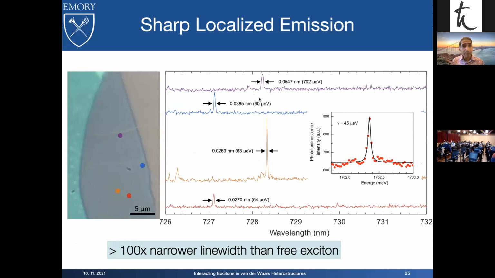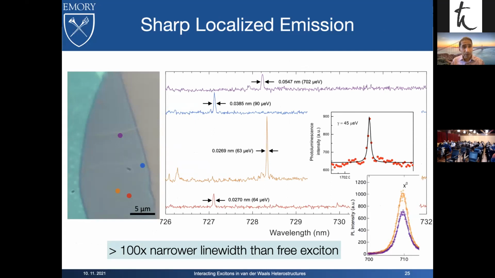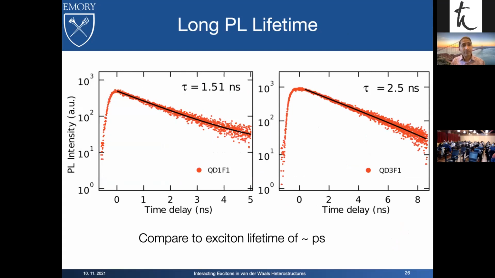And you can see very sharp emission at these spots, which are coming from localized excitons. And its line width is about 40 micro eV, which is much narrower than the free exciton line width of about a few meV, 10 meV or so. Okay, and as a result, the lifetime goes up from 1 to 10 nanoseconds. So that's the first useful thing which happened.